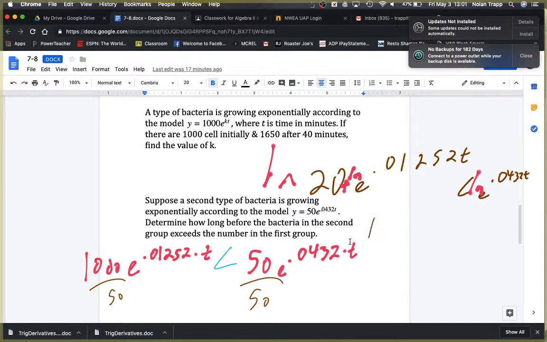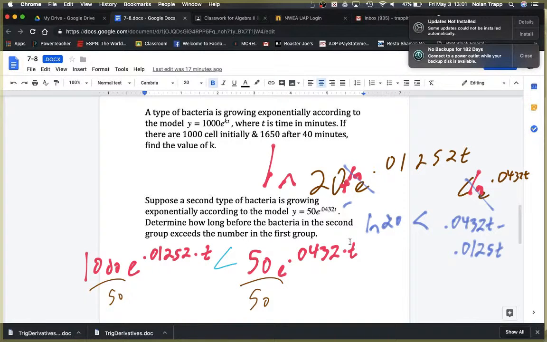So I end up with natural log of 20. And I'm going to subtract this one over here. Notice once again that those cancel, so I actually end up with this minus.